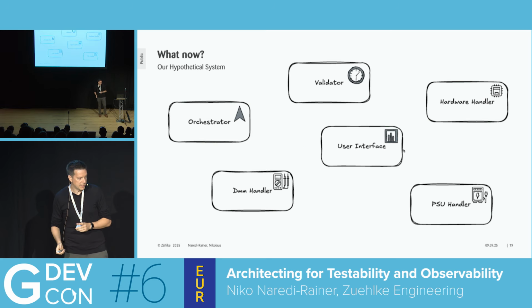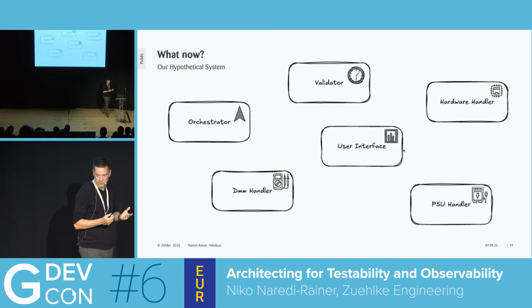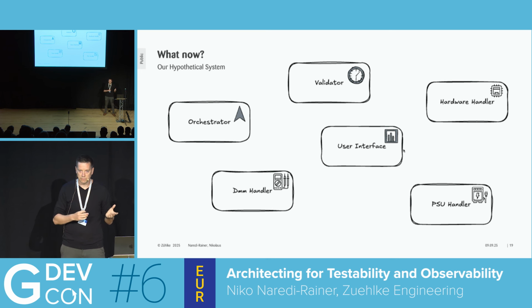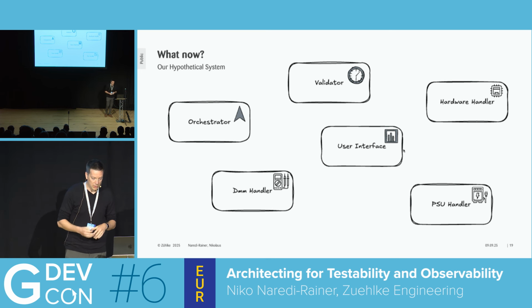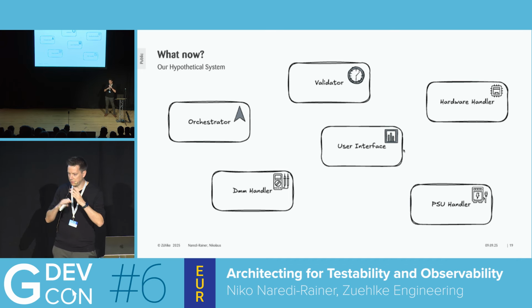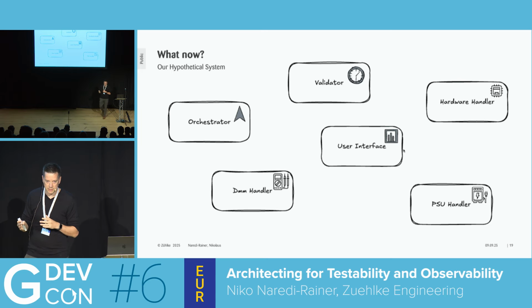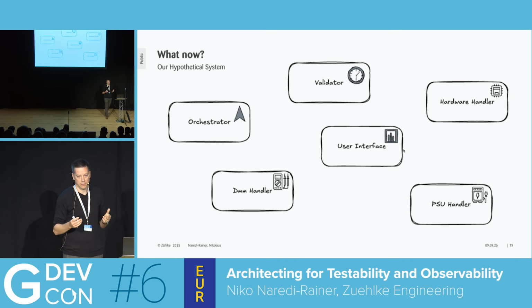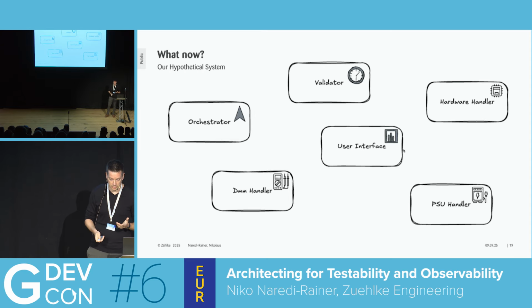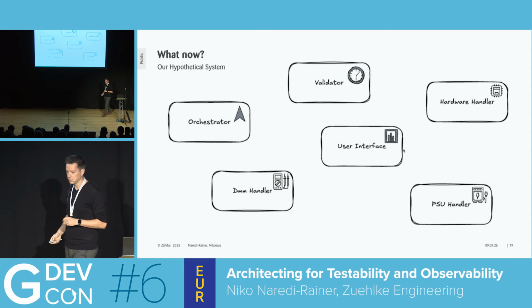So basically, this is where we started off. We have modules for orchestration, for validation, and our user interface that we need to swap out later on. So how do they talk to each other? If we make everything communicate with each other, that's a mess. Otherwise, we might be a bit strict, and we can't fulfill our requirement that we can take out the user interface and replace it with a new one. So we might need a different approach.